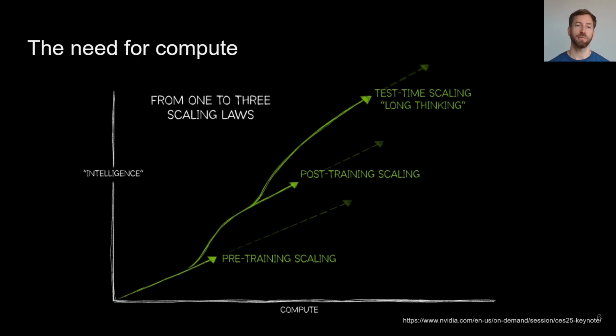And there's test time scaling, where we iterate over the model for long thinking or reasoning. In summary, intelligent systems require a lot of compute, both in training and inference. And the more compute is required, the more hardware is required, and the higher is the power consumption.